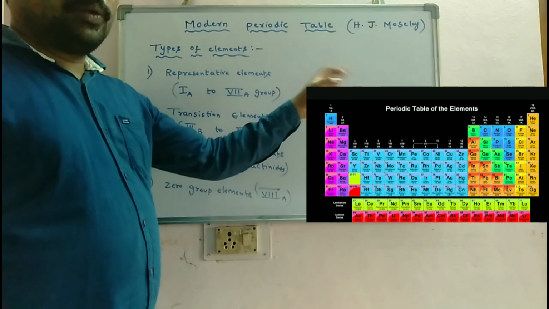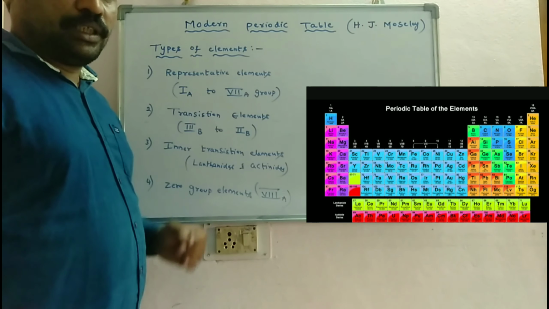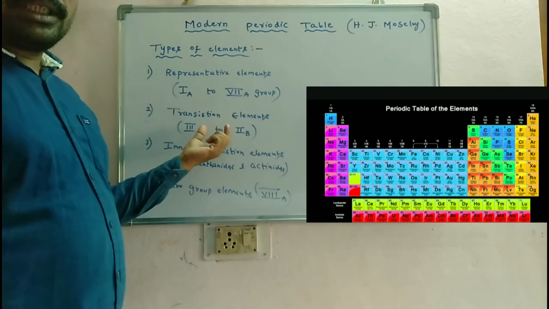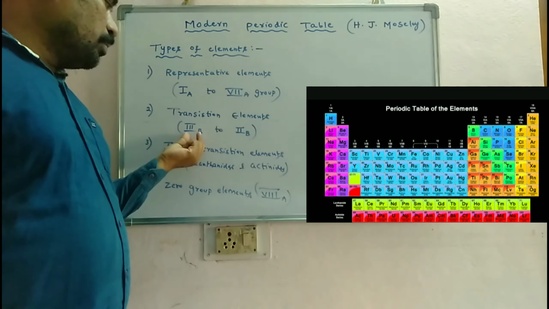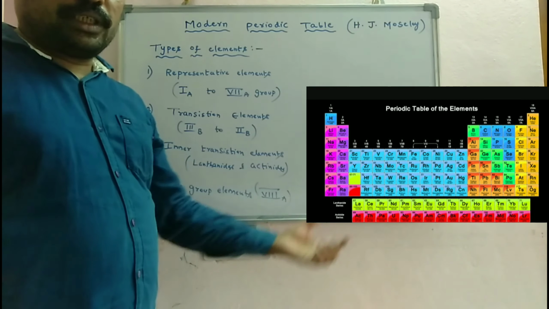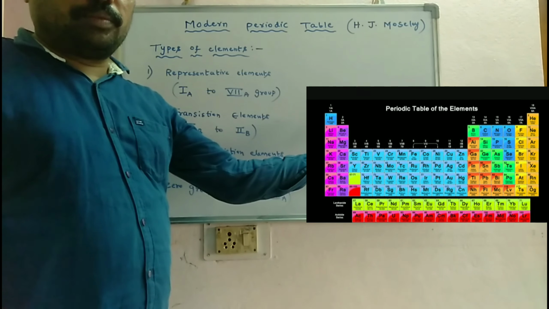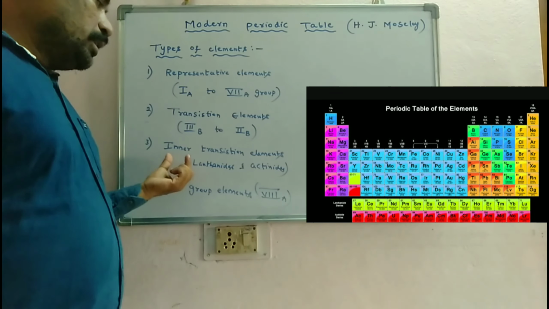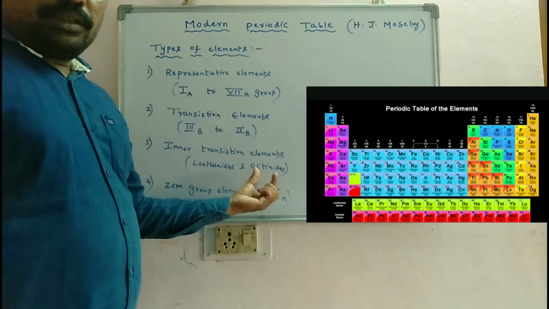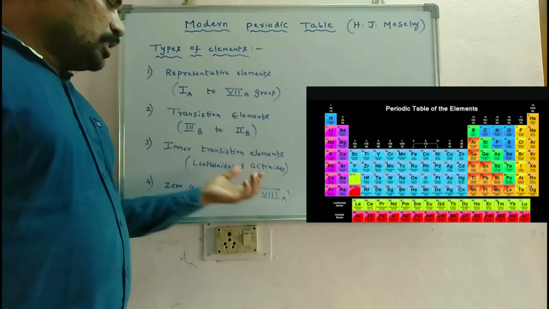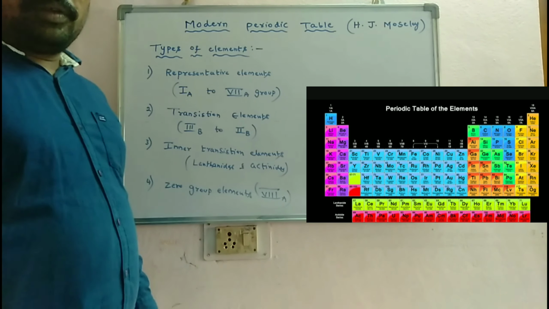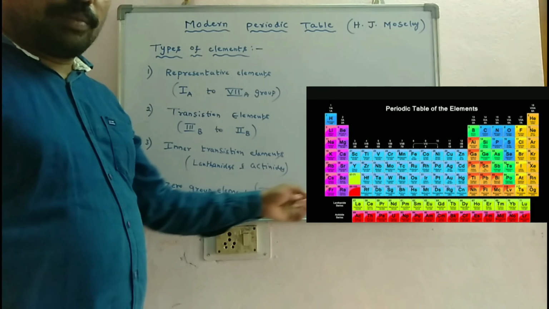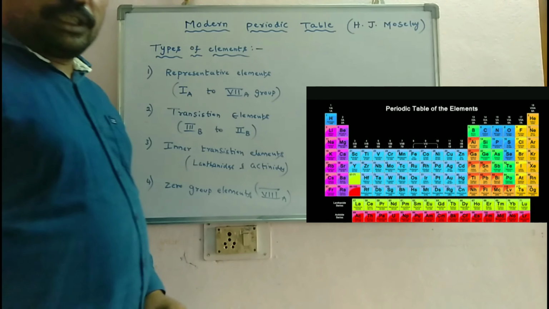And another type is transition elements, that is from 3B to 2B, which you can see in the middle of the periodic table. Those elements are called transition elements. And inner transition elements are the elements below the periodic table, called lanthanides and actinides. You can see them in the form of 2 rows below the periodic table.